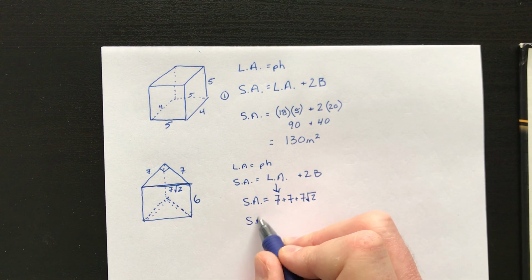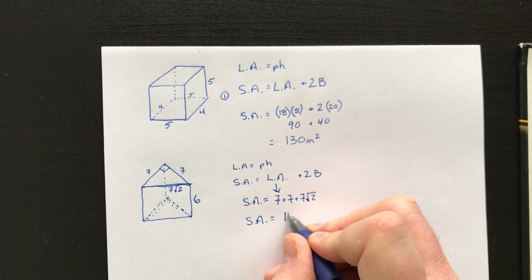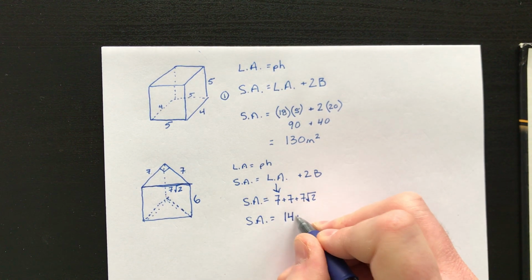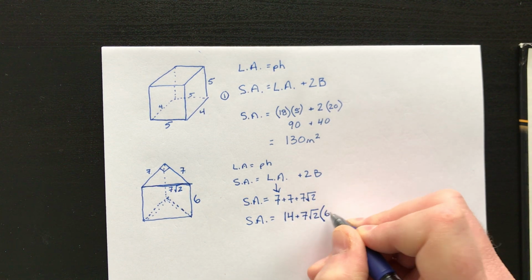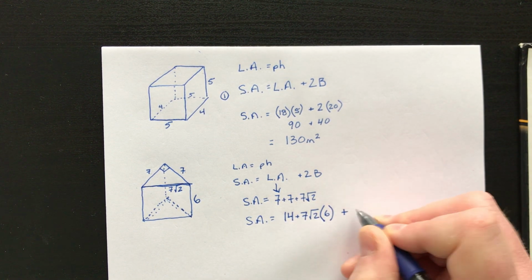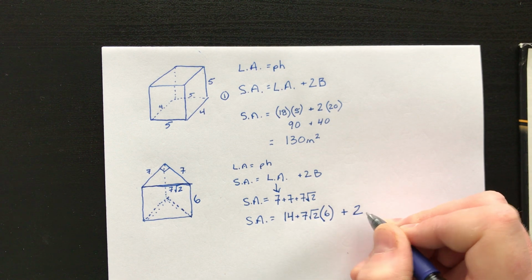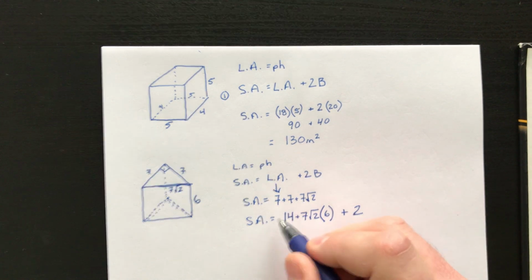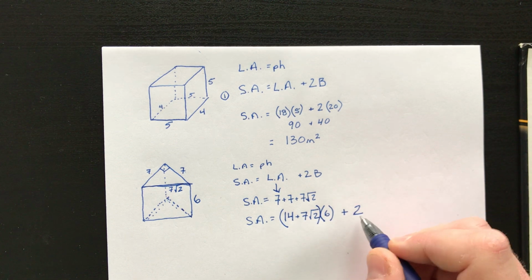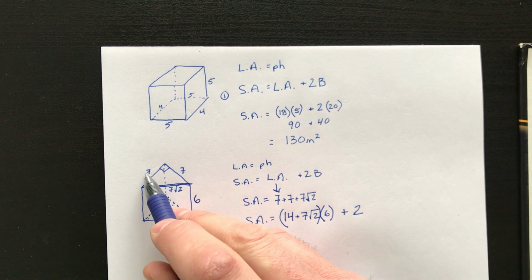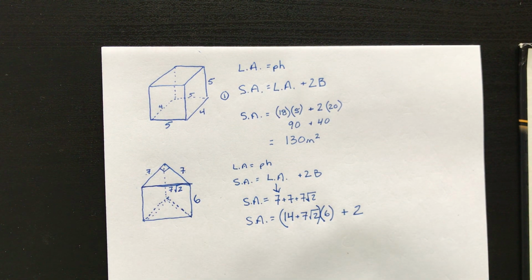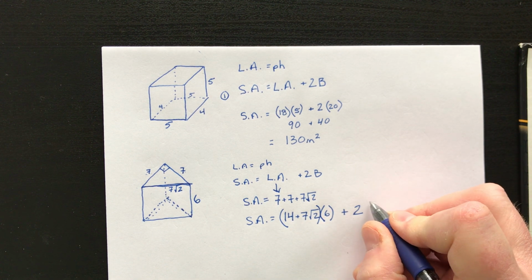So the surface area is going to be 14 plus 7 root 2 times the height, which is 6, plus 2 times the area of the base. Well, the area of the base is just 7 times 7 and then times 1/2. So I get 24.5.